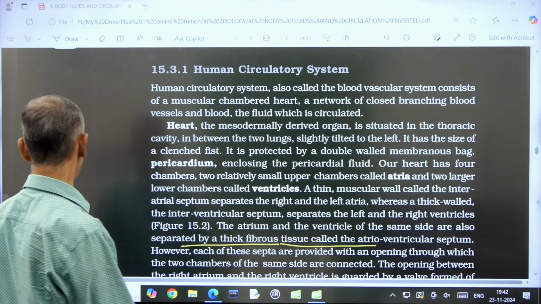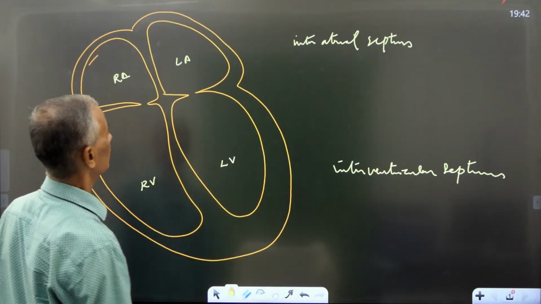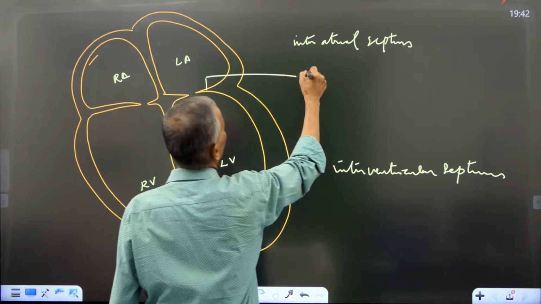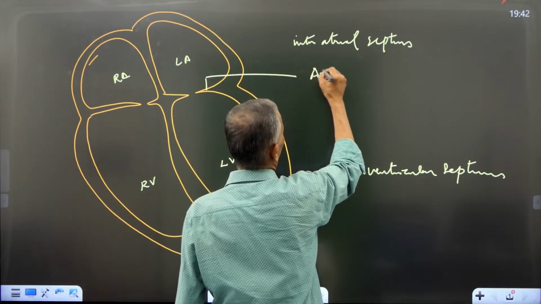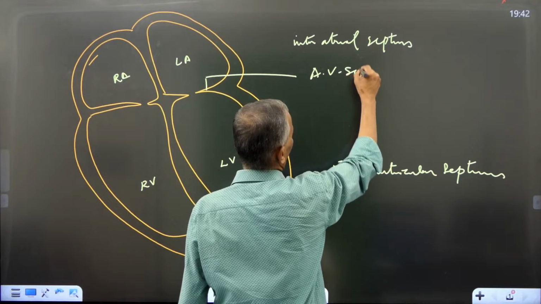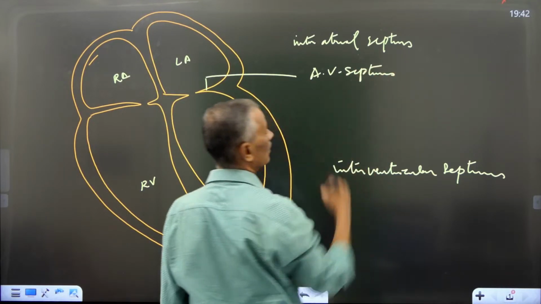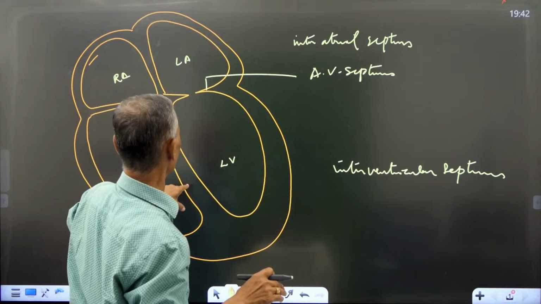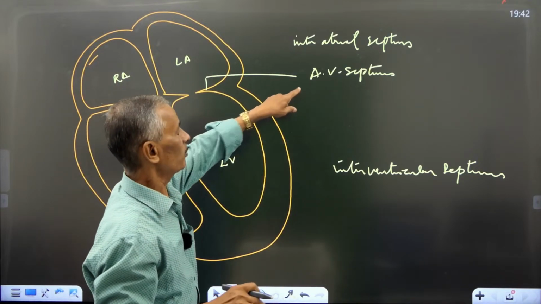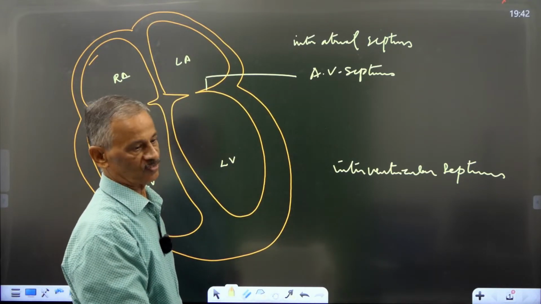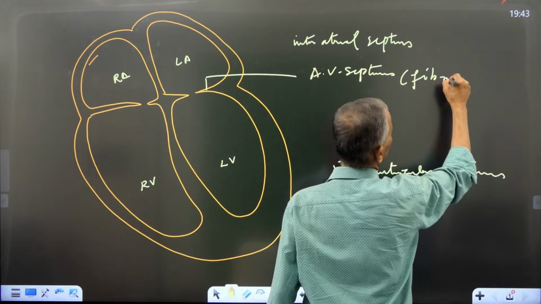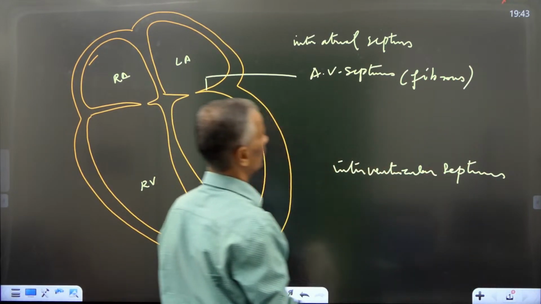The atrioventricular septum is this one. The atrioventricular septum is made up of fibrous tissue, not muscular. This is muscular, this is muscular. But this is made up of connective tissue, fibrous.